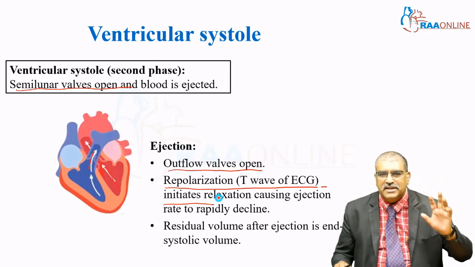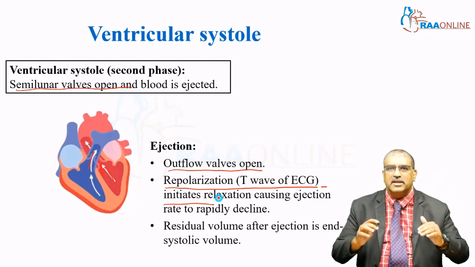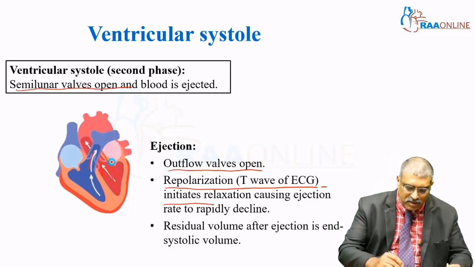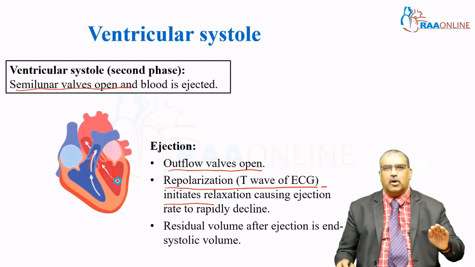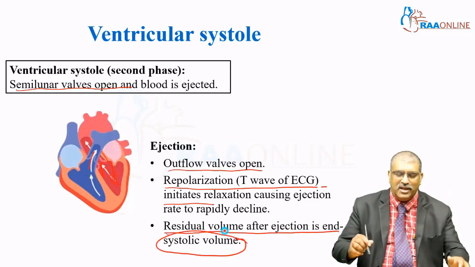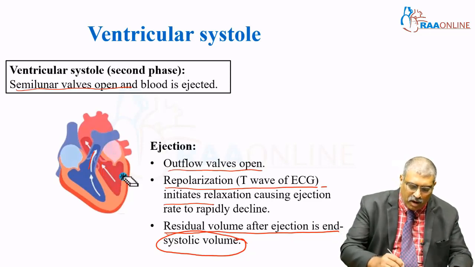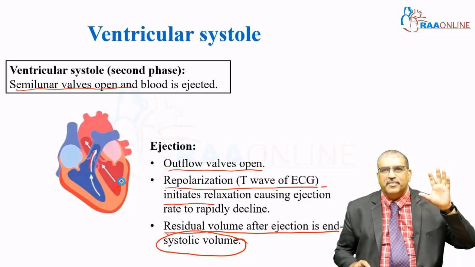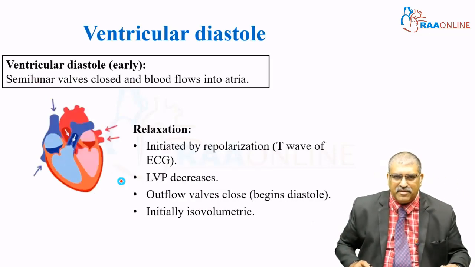T wave initiates relaxation, causing the ejection rate to rapidly decline. As the blood goes out, the pressure comes down, and the residual volume which remains after ejection is called the end systolic volume. All the blood that remains after ejection is called the end systolic volume. This is the second phase, the ejection phase.